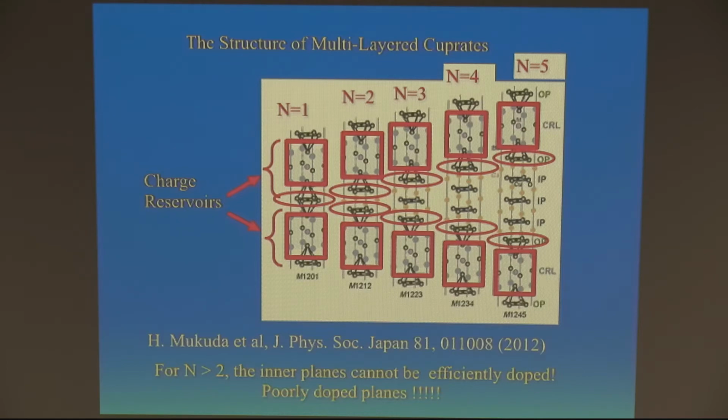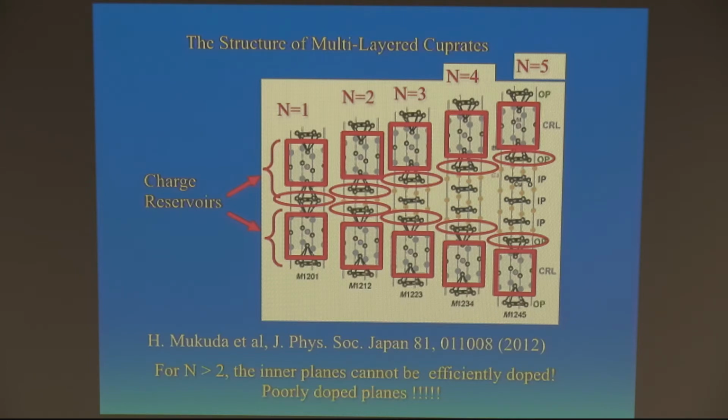So a suggestion to our material science colleagues is: try to build a material such that the primitive unit cell contains another charge reservoir in here, in such a way that we intercalate no more than 2 copper oxide planes between the charge reservoirs. This will increase Tc.